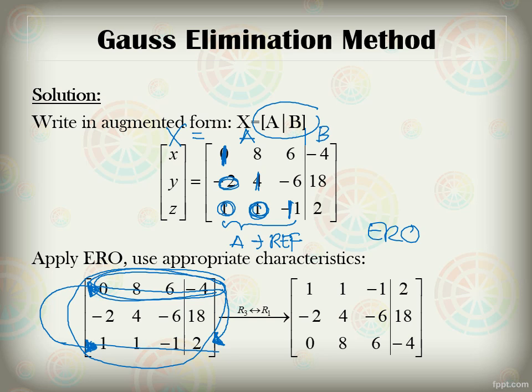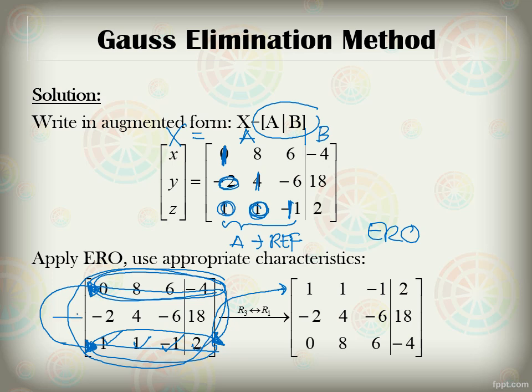Then replace the elements in the first row by the elements in the third row here. So replace it here: 1, 1, minus 1, including 2. Okay, clear?